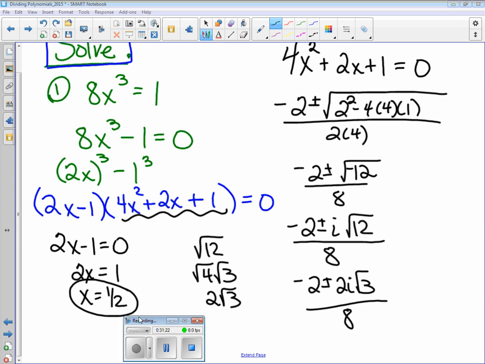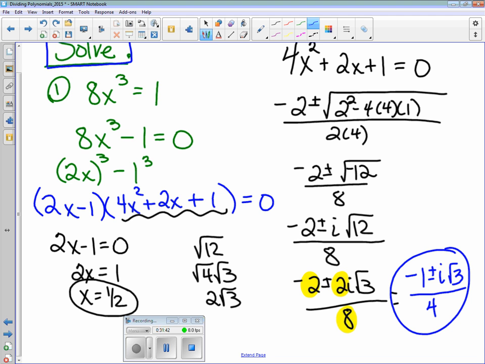Still not done because, why? These can all be reduced by what? 2. So my final solution, negative 1 plus or minus i square root of 3 over 4.